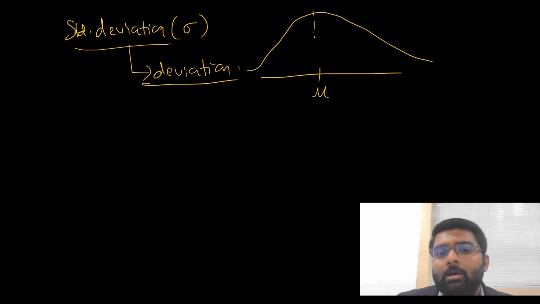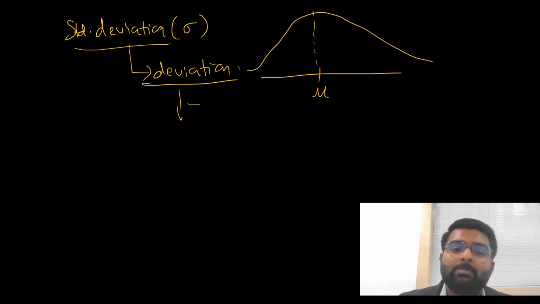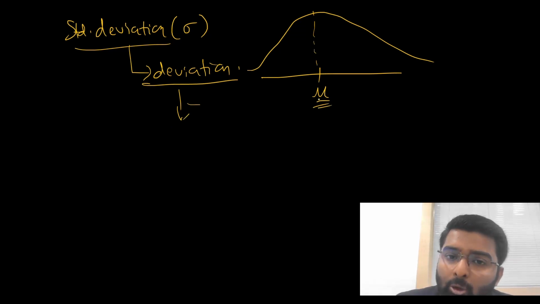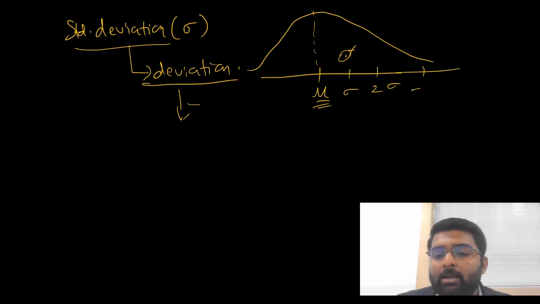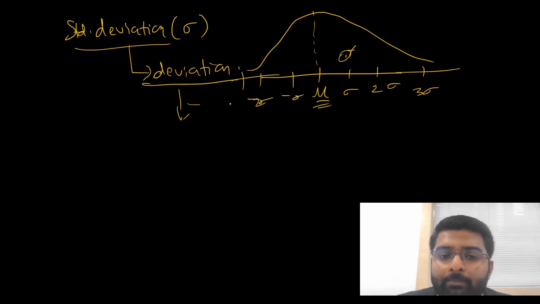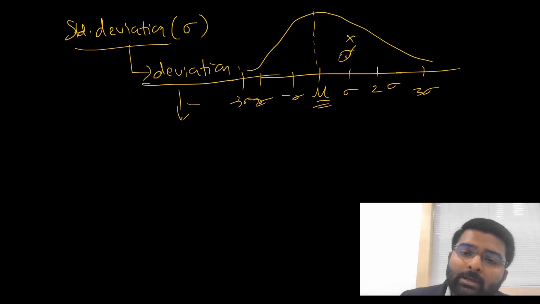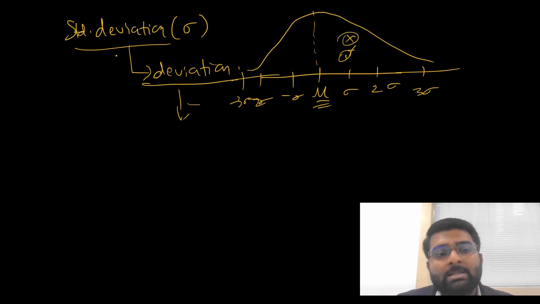Standard deviation only tells me where my data point lies with respect to mean. There's a difference of one standard deviation between these markers. Now I want to understand where my data point lies. For example, if I have an X data point here, standard deviation tells me exactly where it lies with respect to mean.